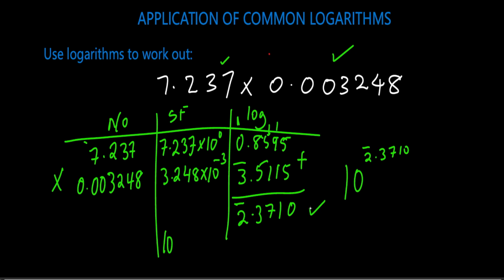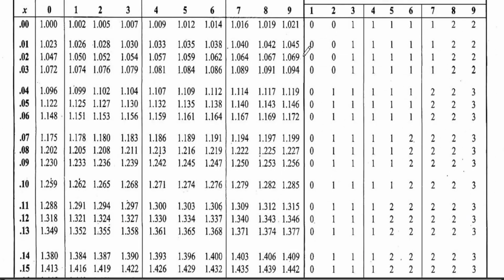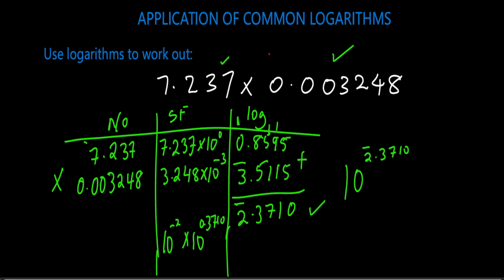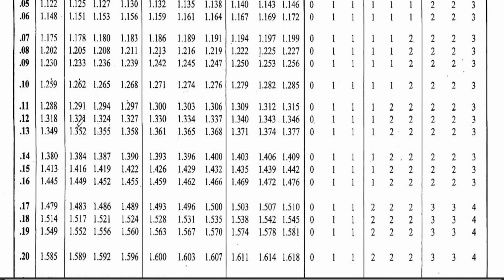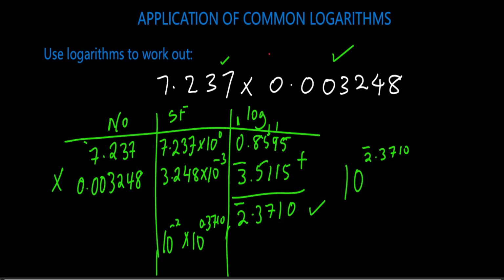So you divide it into 10 to the power of negative 2 times 10 to the power of 0.3710. Now we'll go to the anti-logarithm table. We said this is supposed to be 0.3710, and for the last digit 0 you take 2.350 and add 1, which gives 2.351.